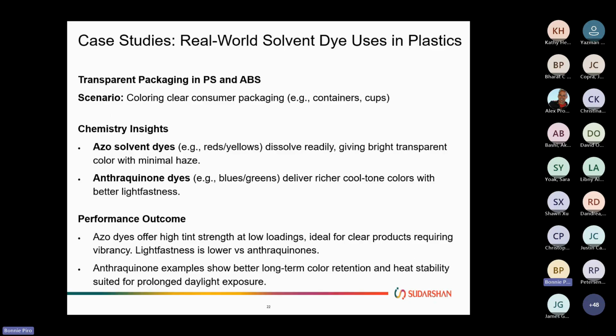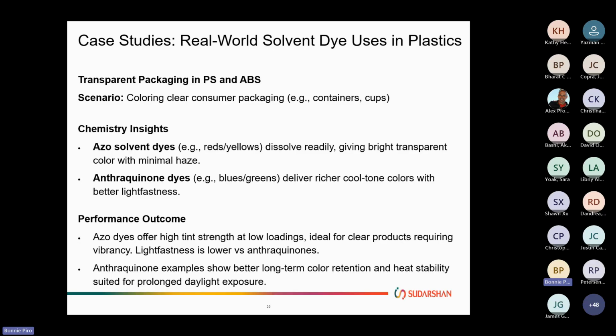Some case studies that are used in the industry. So I'm not really telling you anything new, but it's always interesting to see it again. In this case, taking a look at transparent packaging in polystyrene and ABS. Here, consumer packaging, so they're looking for clear color. And so both types of the main chemistries will be applicable here.